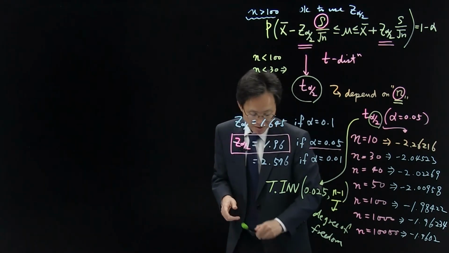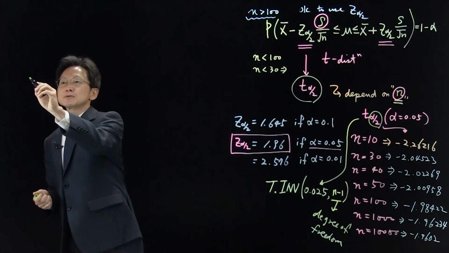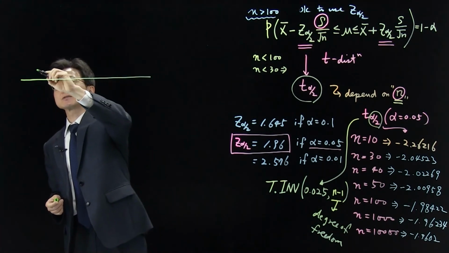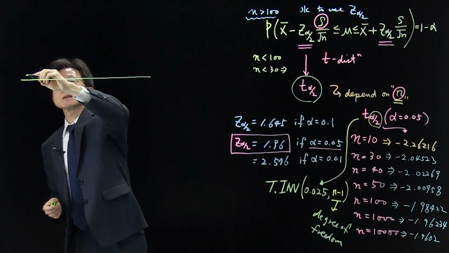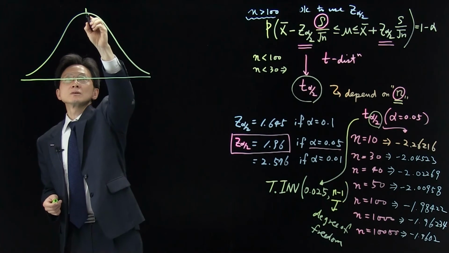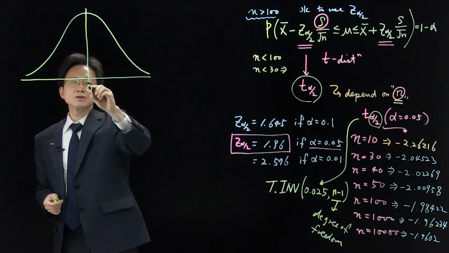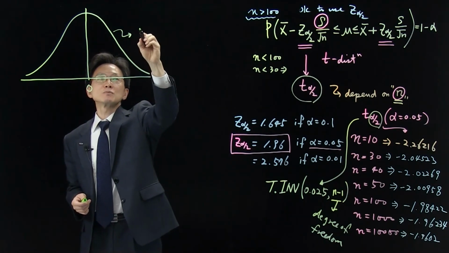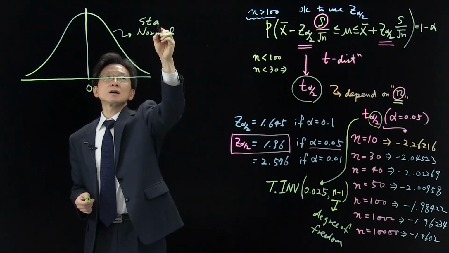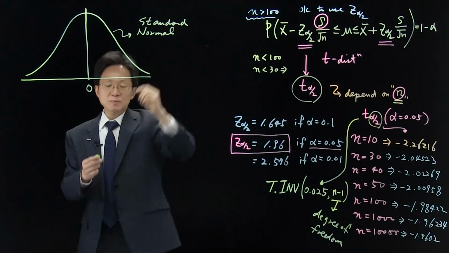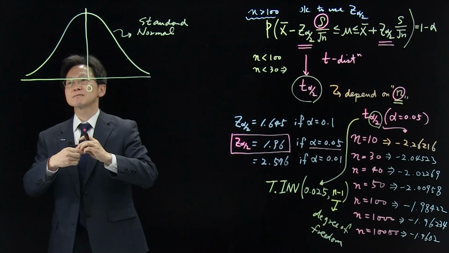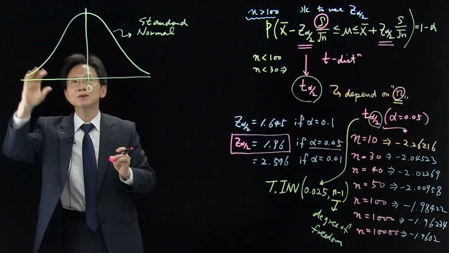And we already talked about the relationship between the normal distribution and the t distribution. Let's say this is a standard normal distribution, and say this is 0 because this is a standard normal distribution. Then we already know the t distribution will have thicker or heavier tails.